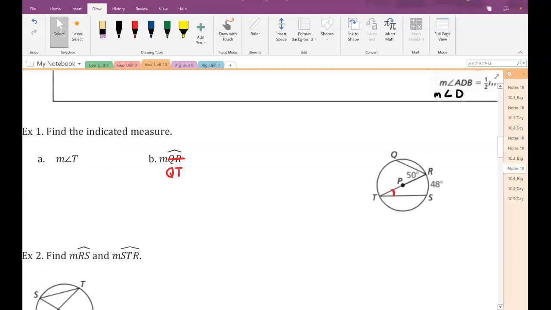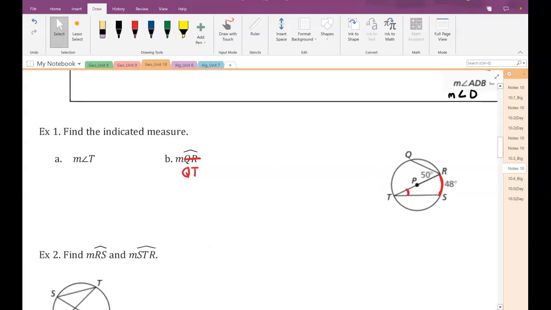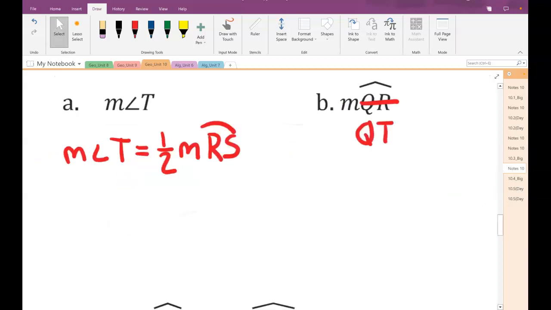So we're trying to find this measurement using the intercepted arc that angle RTS, or angle T, makes. You could write this out as the measure of angle T is equal to 1/2 of the measure of your intercepted arc, which is RS. Again, the little swoopy hat on top means it's an arc measurement.